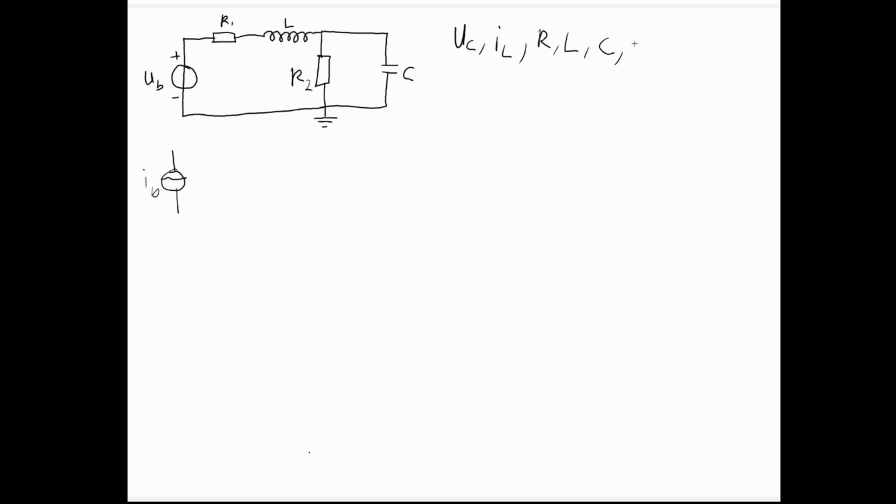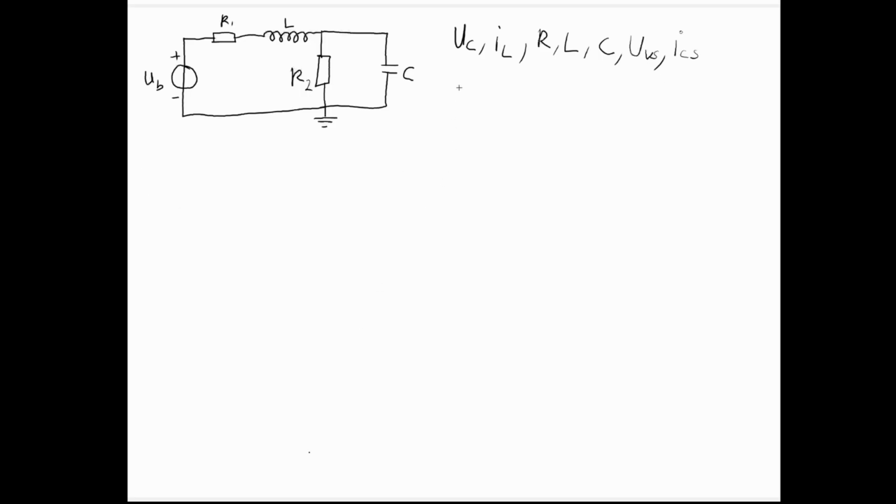So I'll write it here: the voltage of a voltage source and the current of a current source. Therefore, the current of a voltage source is not allowed, and the voltage of a current source is not allowed.